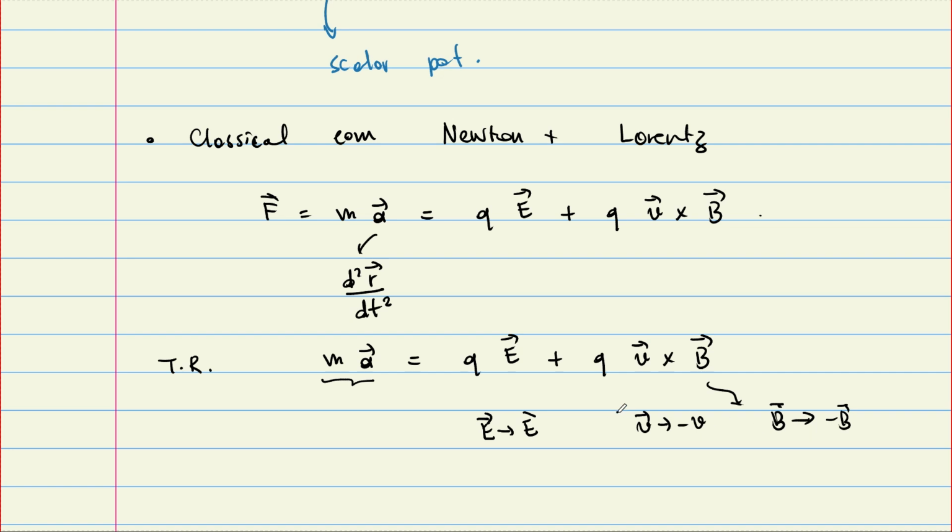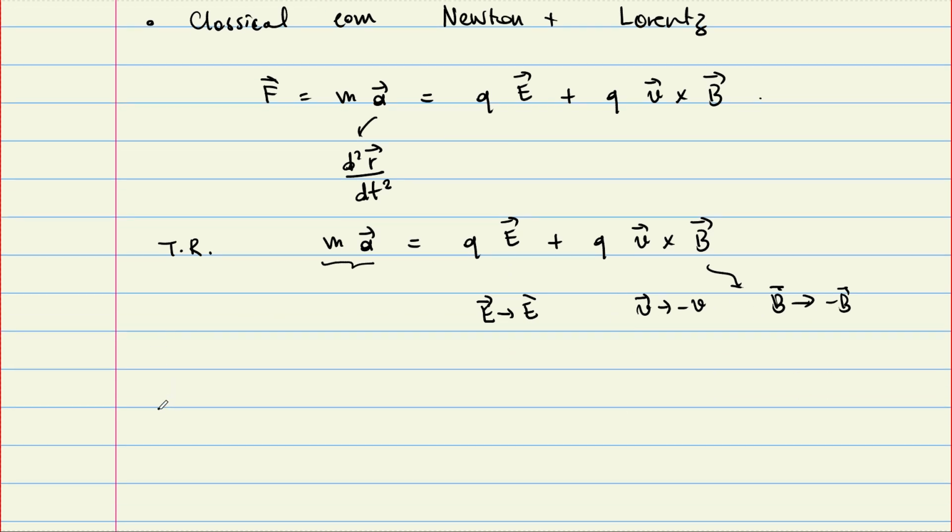This didn't change. I also want to consider inversion. In the case of inversion, r goes to minus r. So let's write this equation again. If r goes to minus r, there's a minus here. How about electric field? Think about Gauss's law: E goes to minus E. V goes to minus V, and B goes to B under inversion.